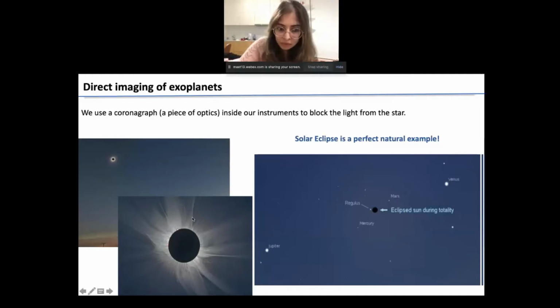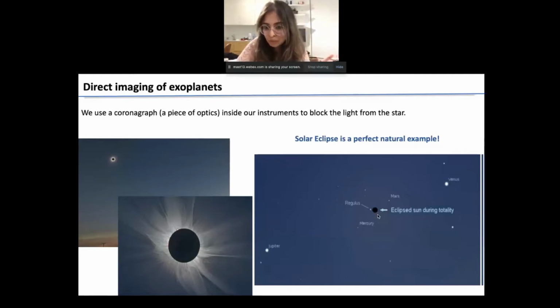You won't be able to see this beautiful image of our sun if the moon is not there, right? In some really lucky cases, you can even see the planets of our solar system during the daytime, during the solar eclipse, basically.